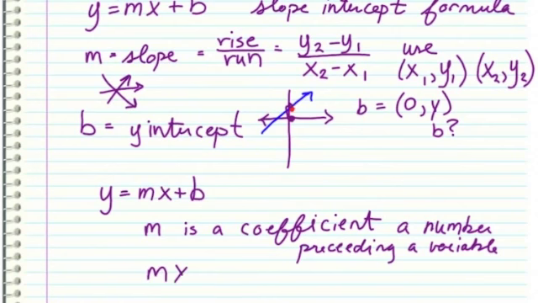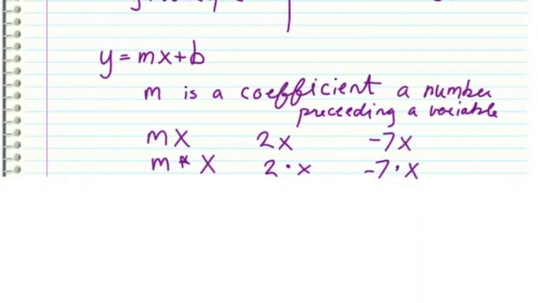Coefficients always are multiplied by that variable. So if I have mx, that says m times x. If I have 2x, that means 2 times x. Negative 7x means negative 7 times x.